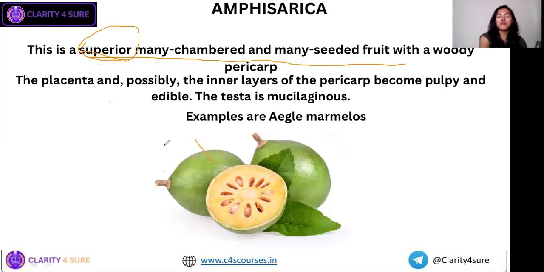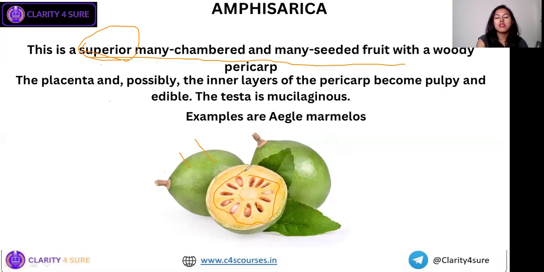See, we have seen the modifications of berry, right? In hesperidium, what was the pericarp? The different pericarps are different. In hesperidium, it was leathery rind, right? In pepo, it was tough skin. And in amphisarca, it is woody. The placenta and possibly the inner layers of the pericarp become edible pulp, right?